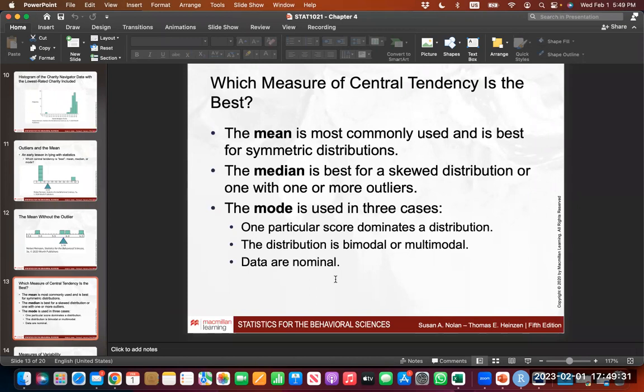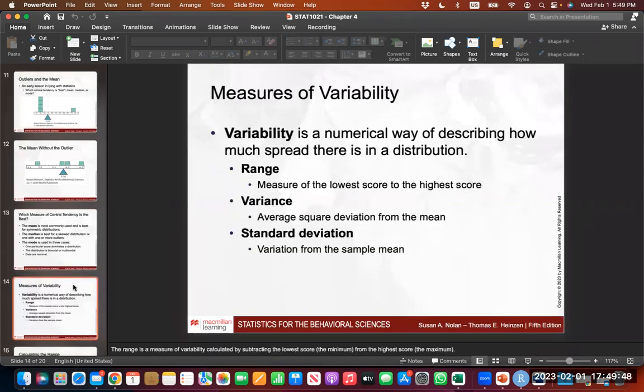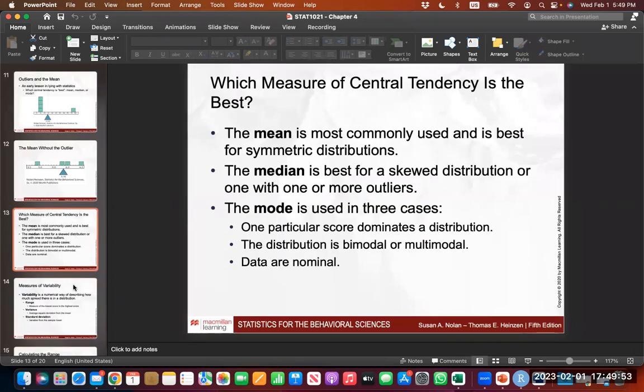When you have nominal data depicting frequencies, you would refer to the bin with the highest frequency as the mode. But as said, it's not the most common way of expressing central tendency. Good. Any questions on central tendency? If not, then we can move on.